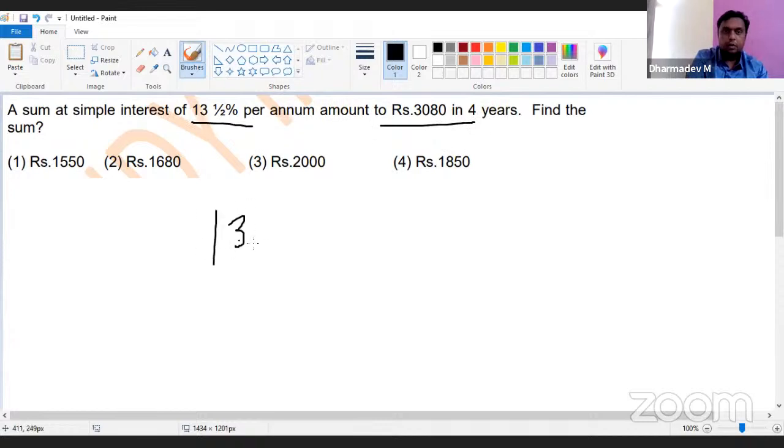So here all you need is only your calculation speed. 13.5 times 3080 times 4 by 100.